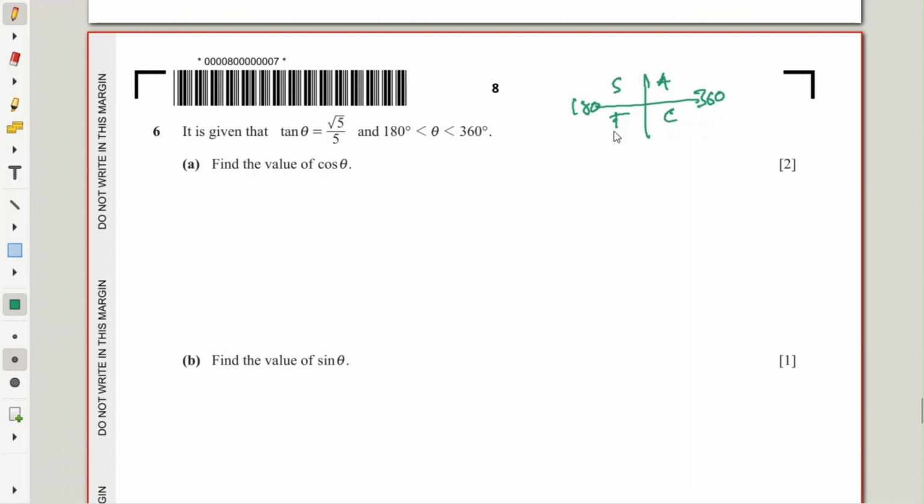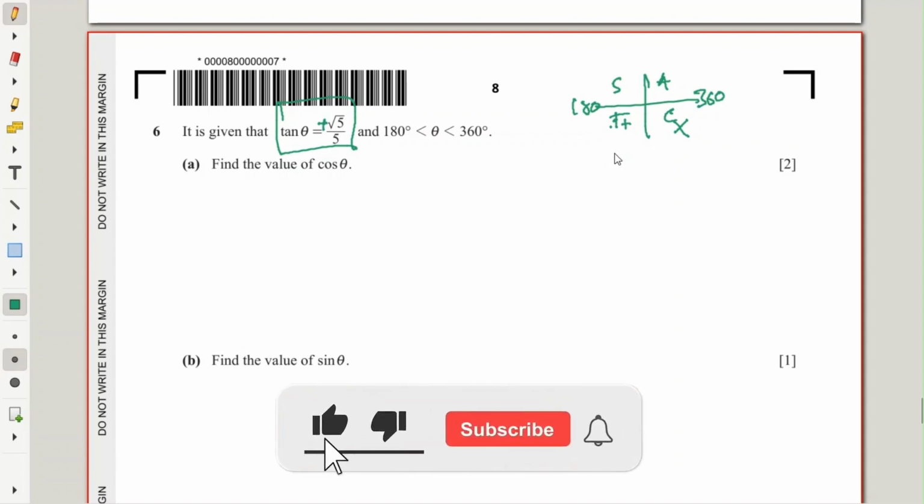Now here, tan is positive, and as I can see, the value of tan is positive here. However, tan is not positive here, so I can't be in the fourth quadrant. I'll be in the third quadrant. So please take note of that. Everything that you are doing has to be within the third quadrant.